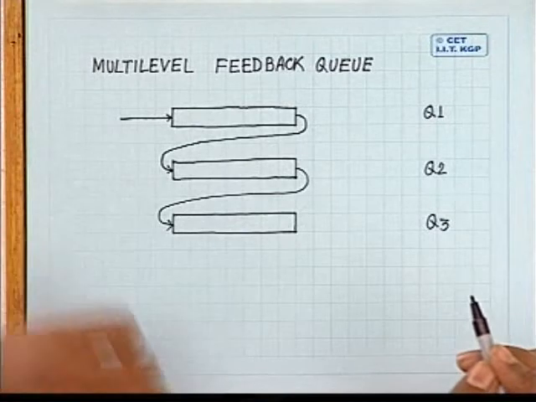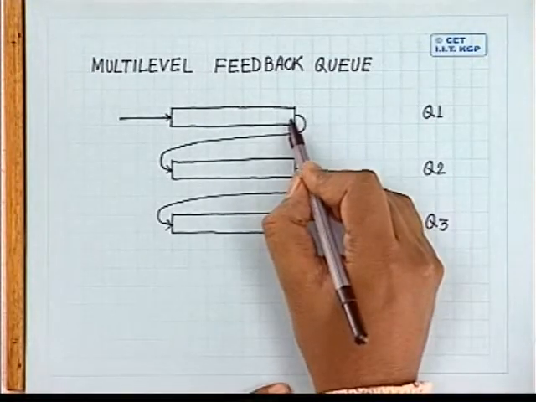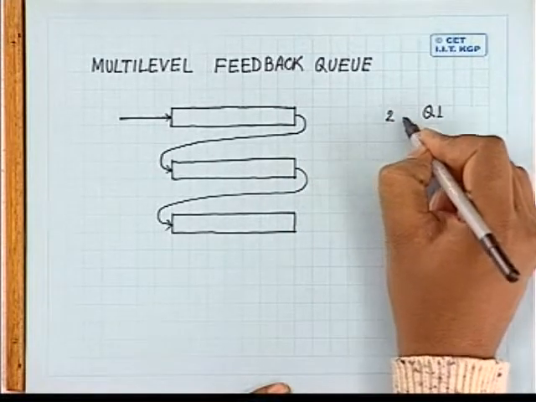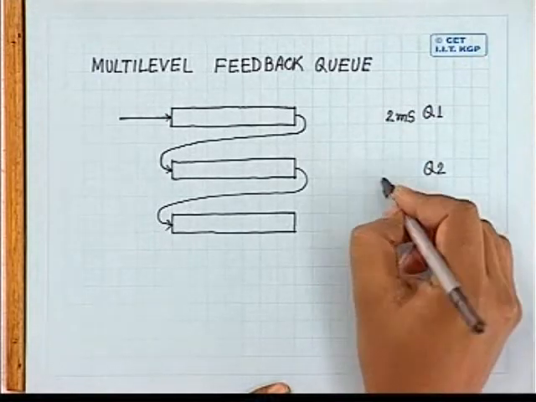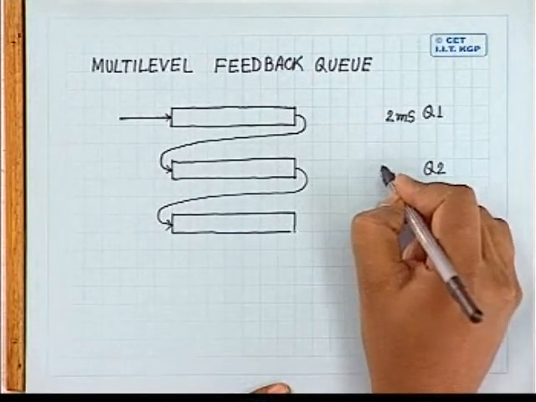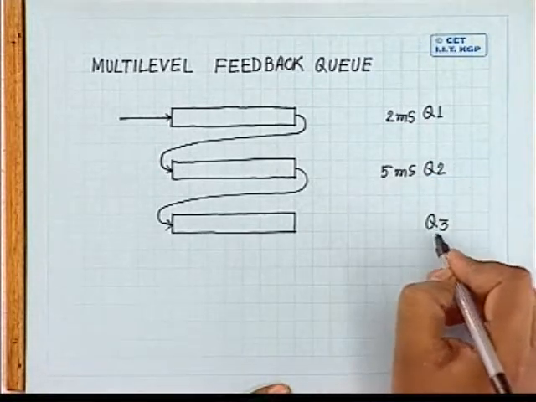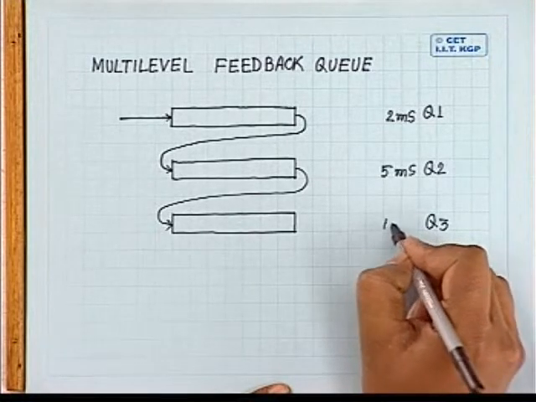As before, I will set the time quanta for Q1 to be 2 milliseconds, the time quanta for Q2 may be 5 milliseconds, and the time quanta for Q3 is more than that, I can make it say 10 milliseconds.